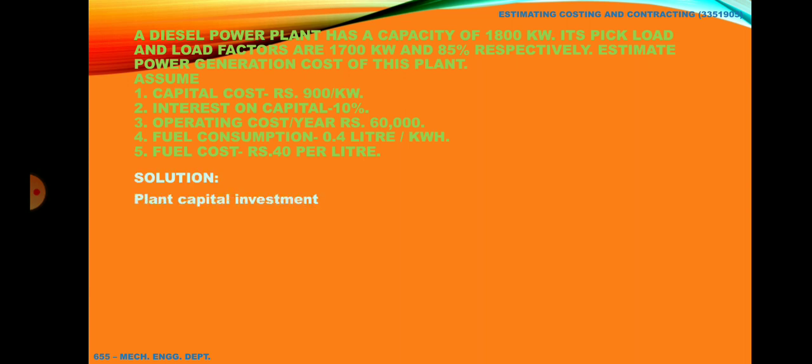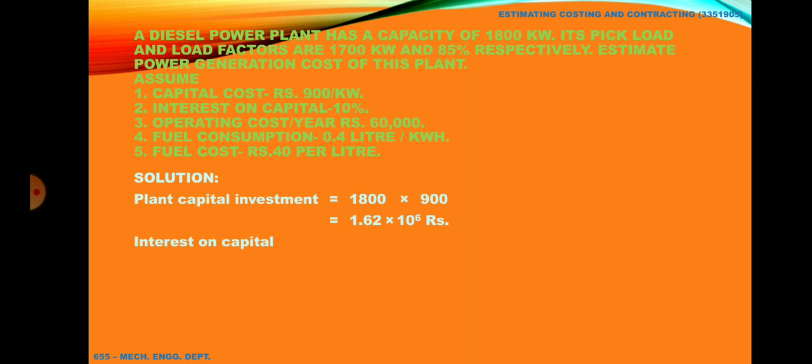Now, what is the plant capital investment? Plant capital investment equals plant capacity, 1800 kilowatt, into its cost, 900. So it is equal to 1.62 into 10 raised to 6. The unit is rupees, because here we are looking at investment.